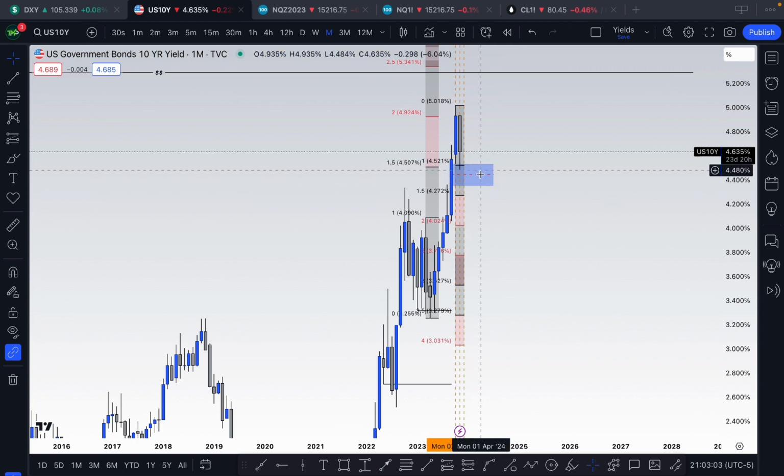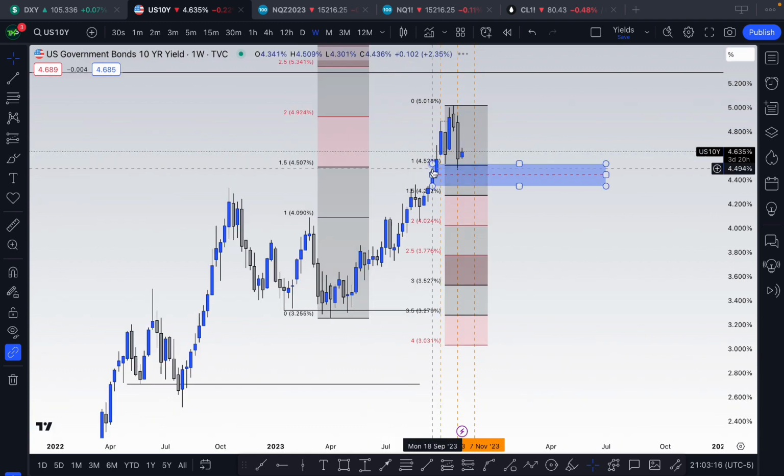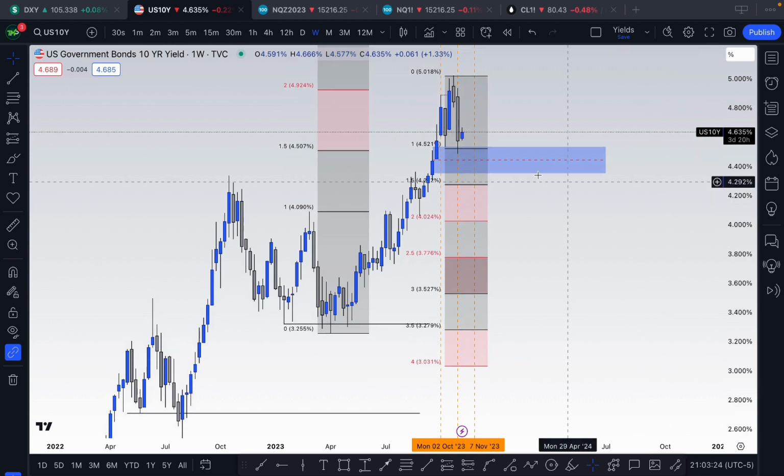Stab down into it, and ultimately probably see a little deeper push down into it, but not too much, I would say. They have this low. We can drive maybe to consequent encroachment. This is a very small volume imbalance on the weekly right there.